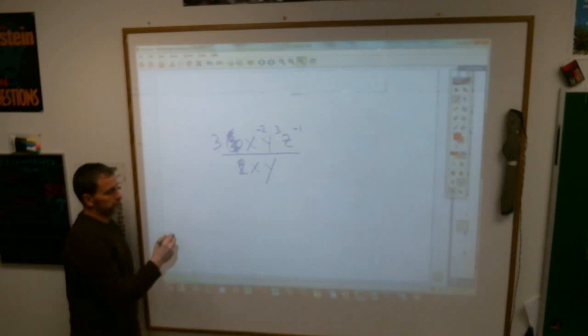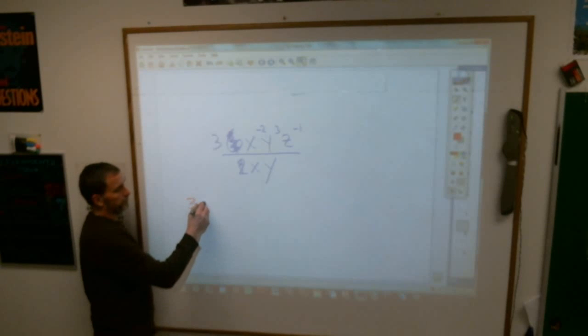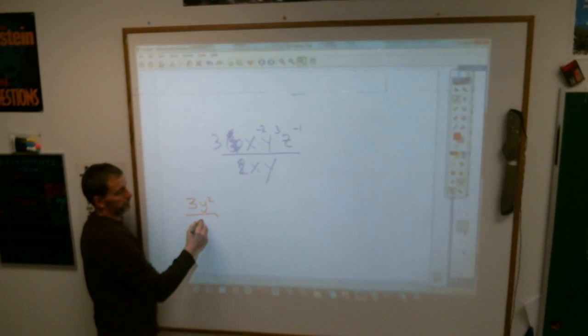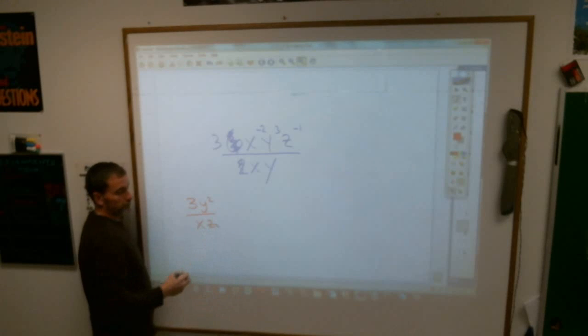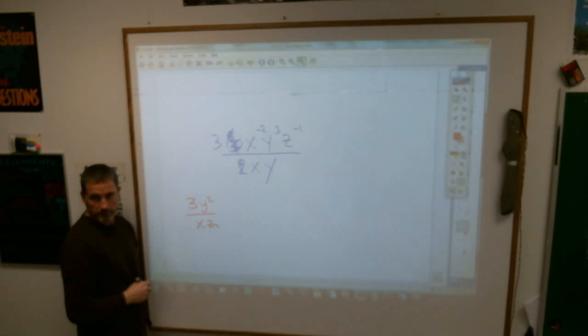Isabel says 3y squared over x. Anybody agreeing with that? You agree, Ty? Ty agrees. Anybody disagree with that? No, don't be confused yet. It's not time to be confused. Confusion comes later.